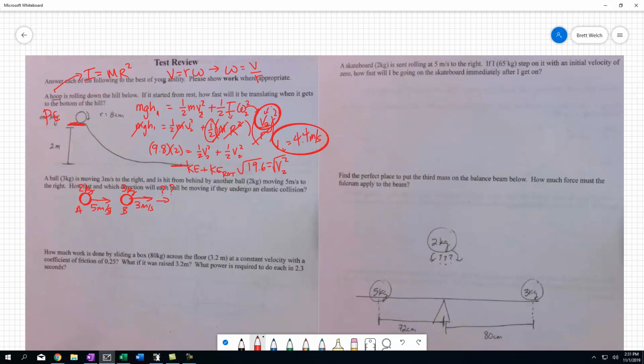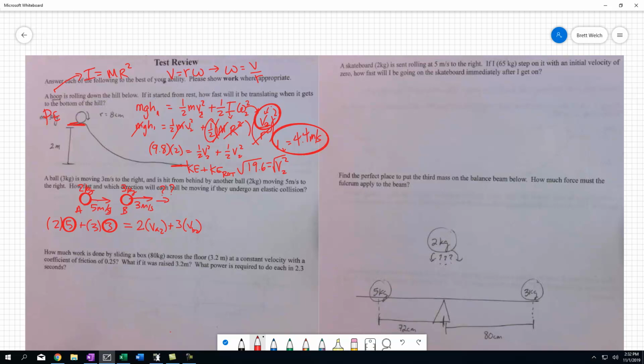And so we use our formula. It says the momentum before will equal the momentum after. So the momentum of the first object would be its mass times its velocity plus the mass times the velocity of the second object equals the mass 2 times VA2 plus the mass 3 times its velocity VB2, which I don't know.